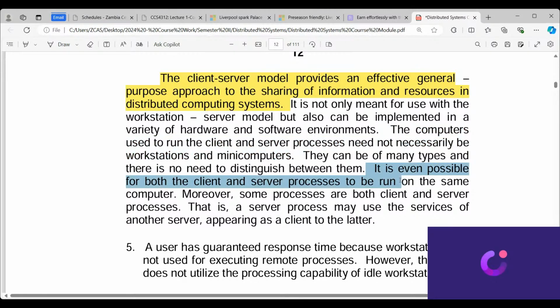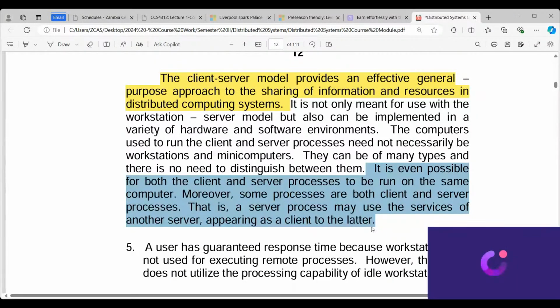It is even possible for both the client and the server processes to be run on the same computer. Moreover, some processes are both client and server processes. That is, a server process may use the services of another server, appearing as a client to the latter. Okay, so that's about the client server paradigm.